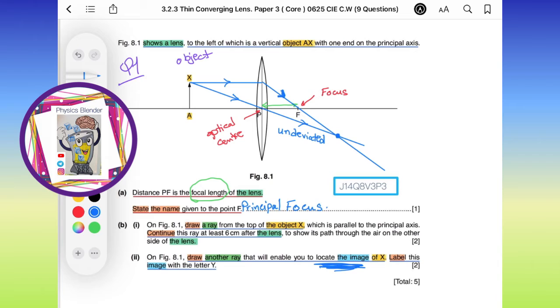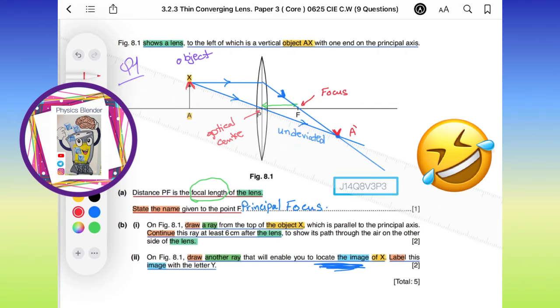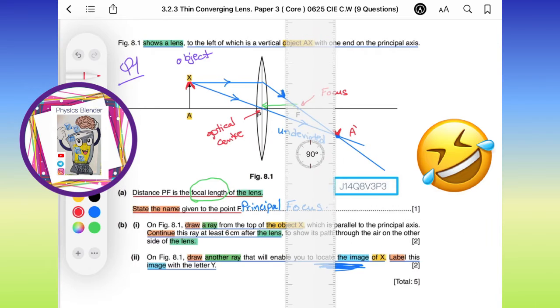Remember, it's not the image of A, it will be the image of X, because the rays are coming from the top of the object. Where they intersect, this will be the image.